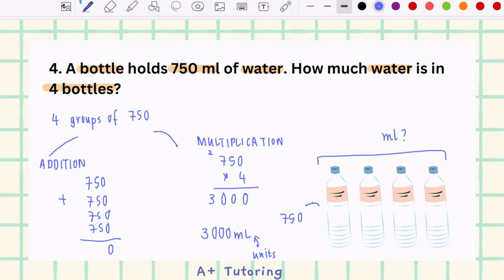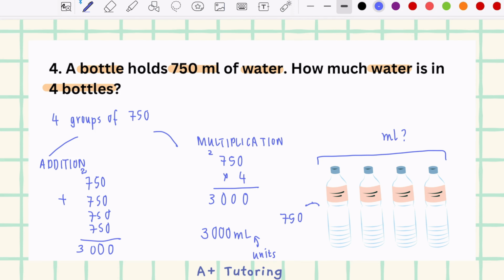And then 5 plus 5 gives us 10. 10 plus 5 gives us 15. 15 plus 5 gives us 20. Drag the 2 over here. 2 plus 7 gives us 9. 9 plus 7 gives us 16. 16 plus 7 gives us 23. 23 plus 7 gives us 30. You can see, either way, you get the same answer. Multiplication is just a bit quicker.